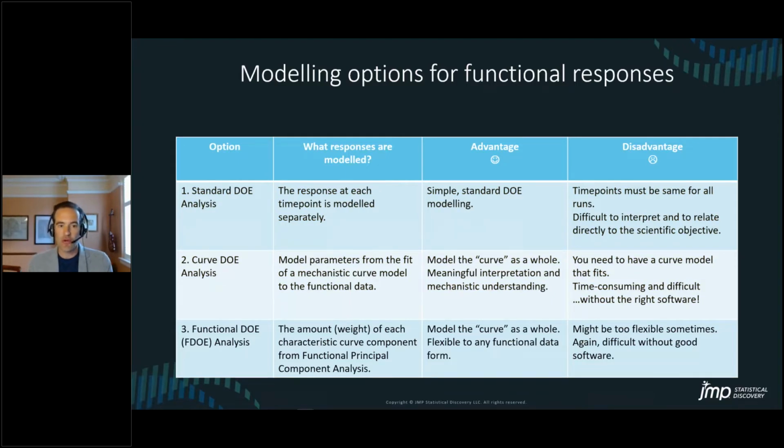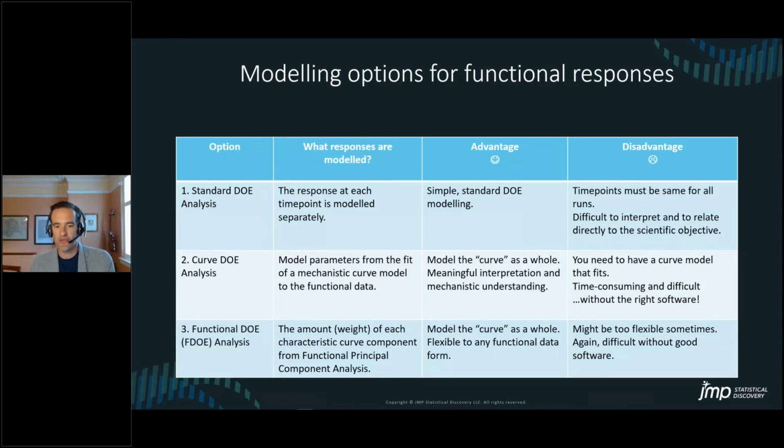So just to summarize, what I've shown you there is what you can do when your response is a curve. I've gone through the three options. The standard analysis: simple, easy to use. The disadvantages being that you need these aligned time points, or whatever your x-axis is for your curve. The data points need to be aligned in order for that to be meaningful. And it's not really, in most cases, giving you a direct answer to your scientific question.